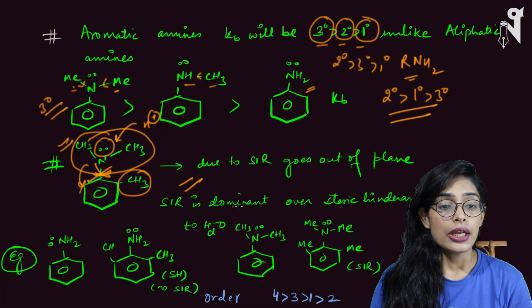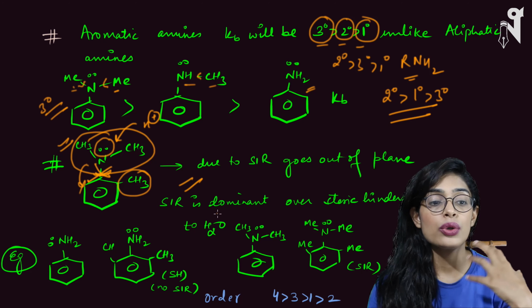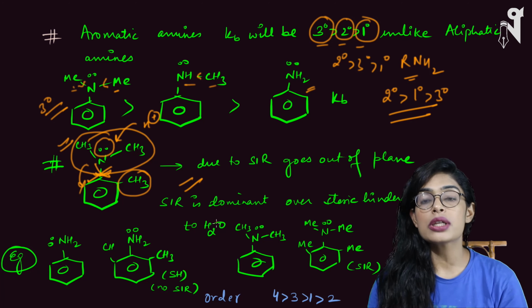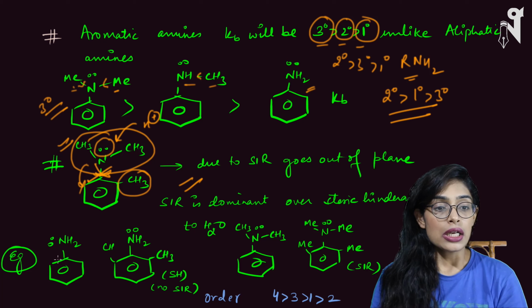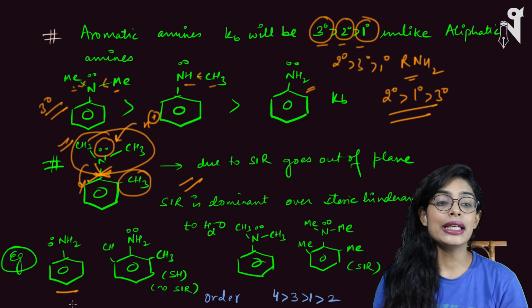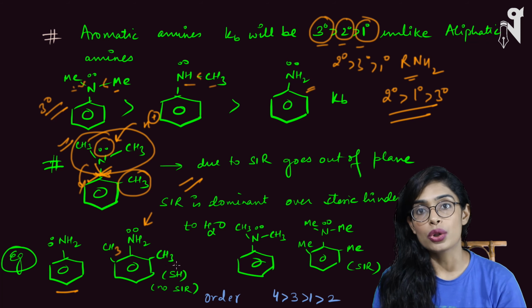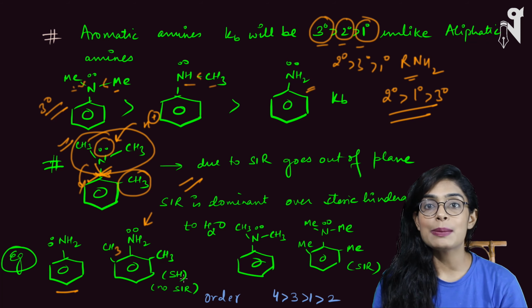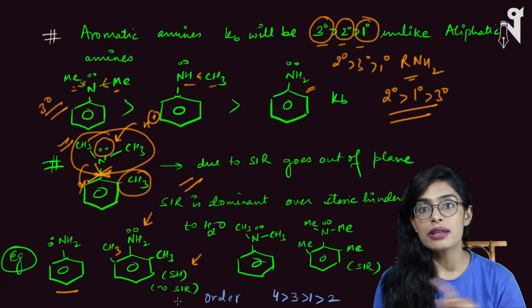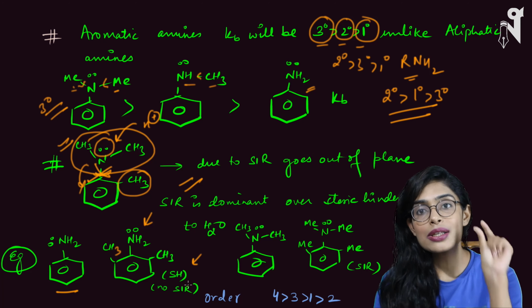So if you have to compare the order, just look at it very carefully. I have taken here normal aniline, then the primary aniline with two CH3 groups on the ortho position, which are exhibiting steric inhibition. No SIR at all, because NH2 is a small group.